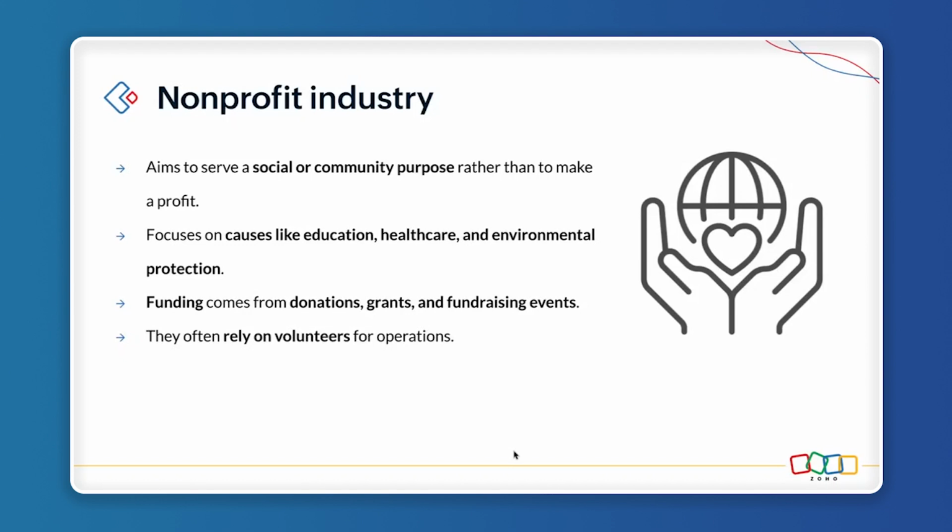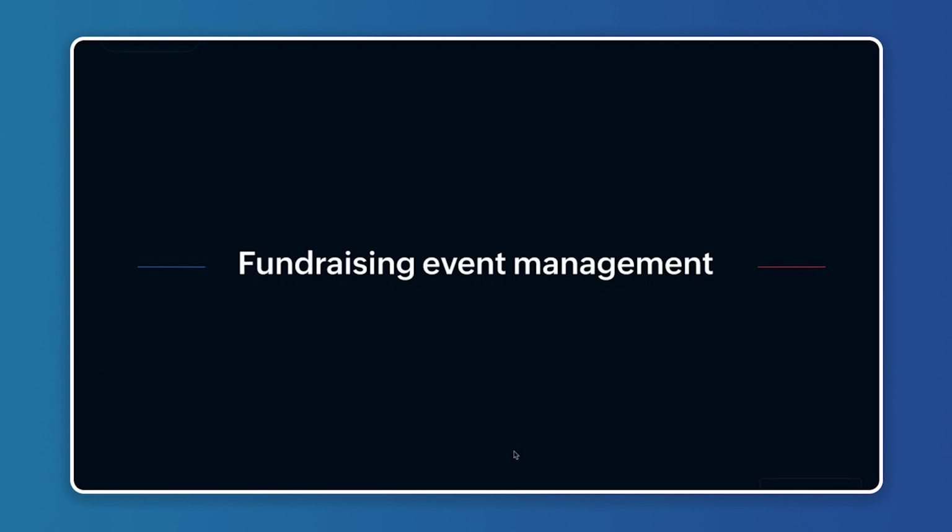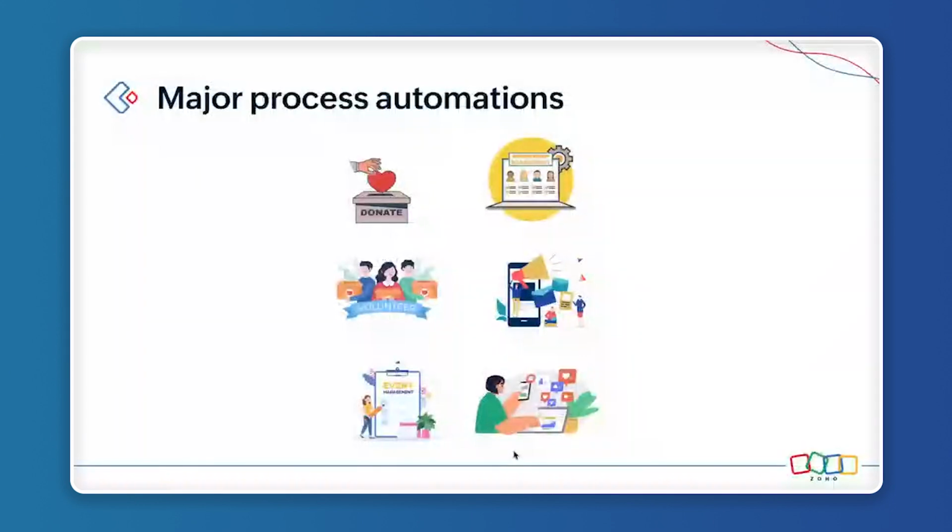There are many processes that need automation in this non-profit industry. One among those major processes is fundraising event management, basically an event management application. Under this event management application itself, there are many small processes that need automation. For example, donor management.